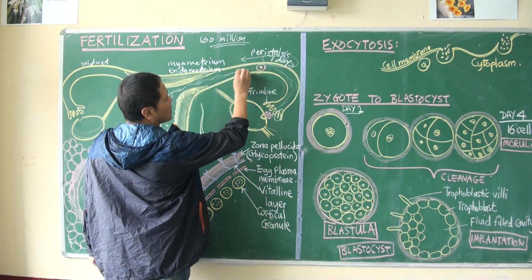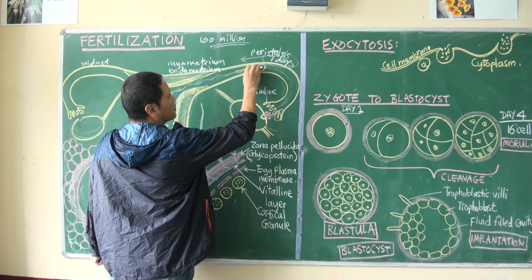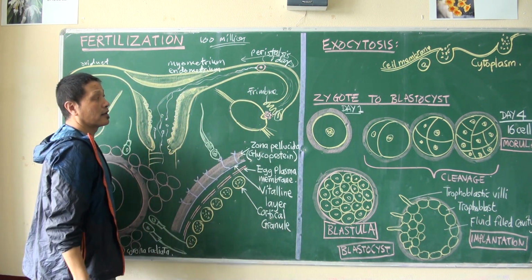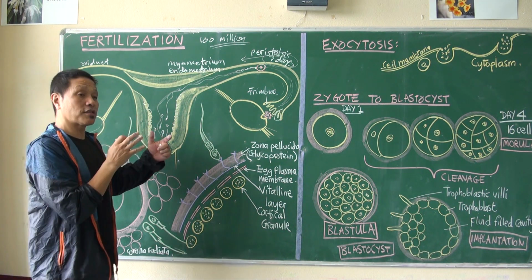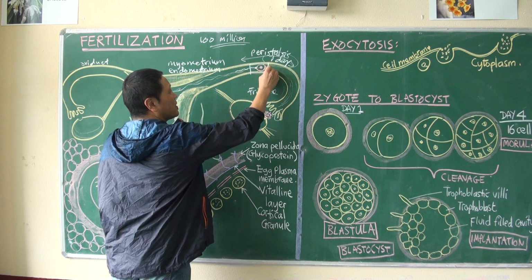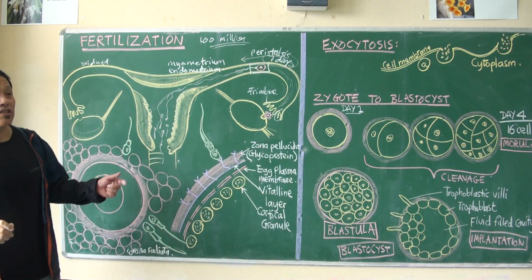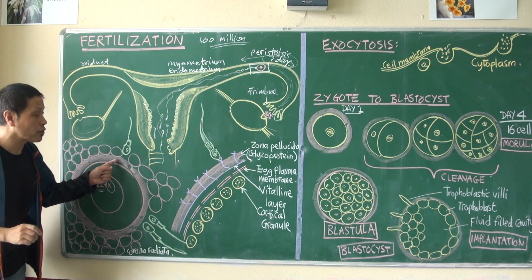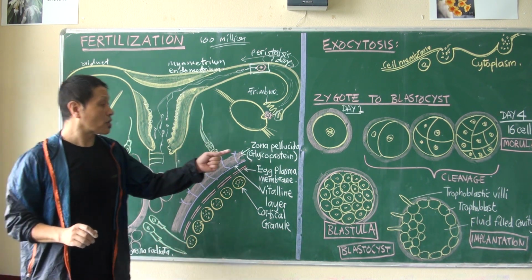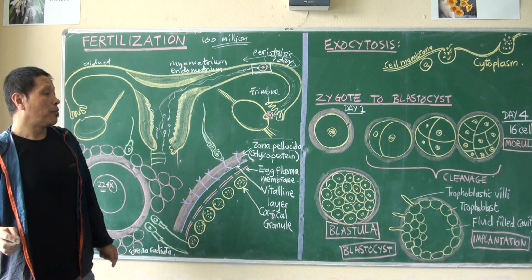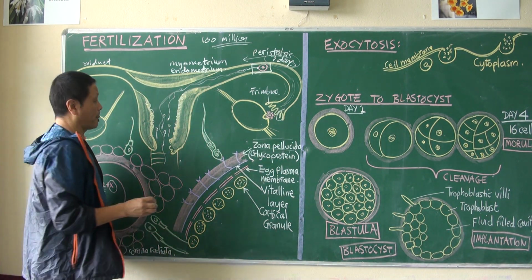Now, if the sperm cell reaches the egg cell, it injects its nucleus, and that is called fertilization. So this is basically what fertilization is. But there's a little more to it. We talked about how the zona pellucida is a structure which actually prevents polyspermy.